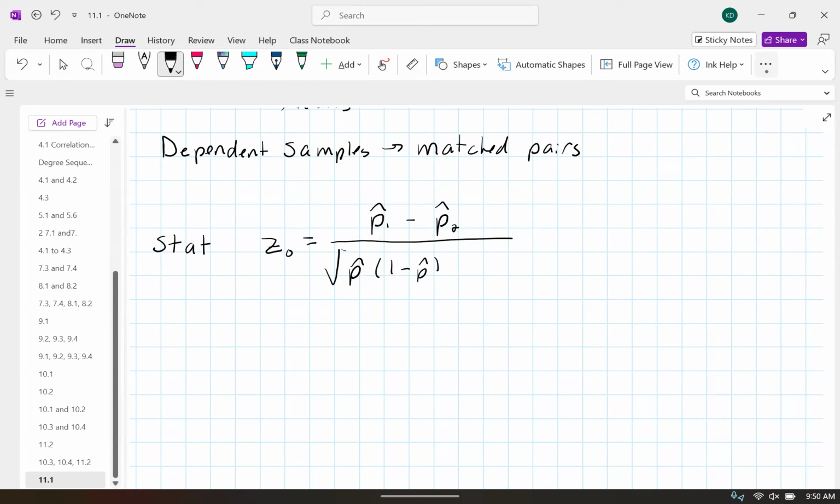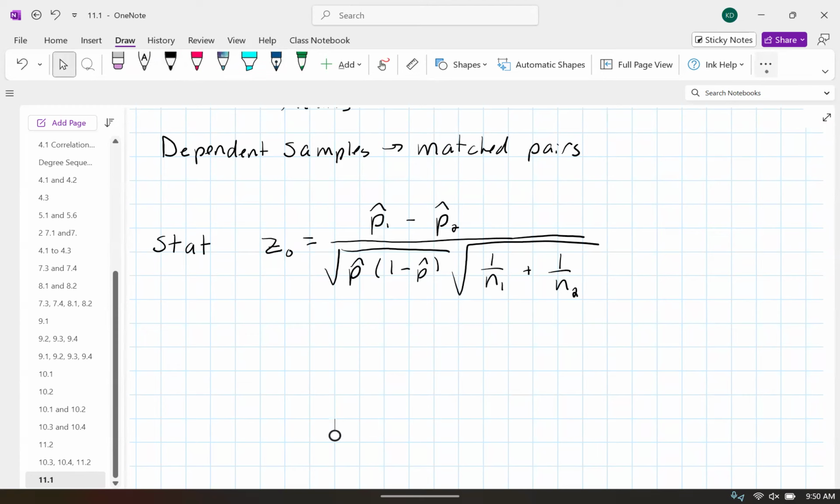That's the square roots. And we have to note we have P1 hat, P2 hat, and P hat.